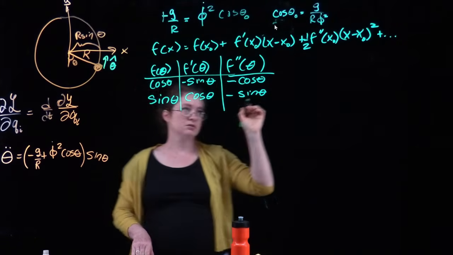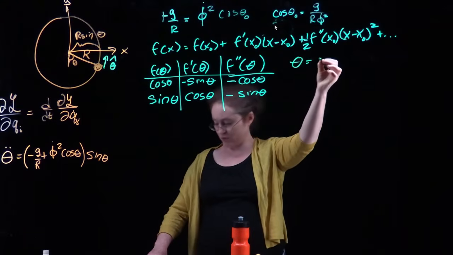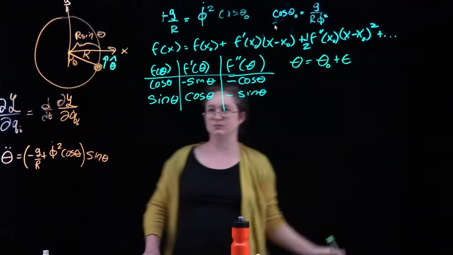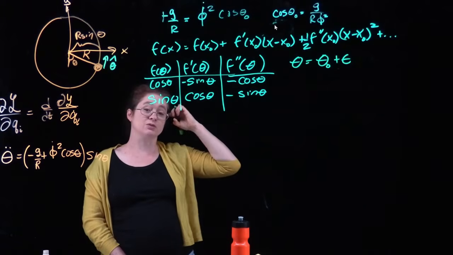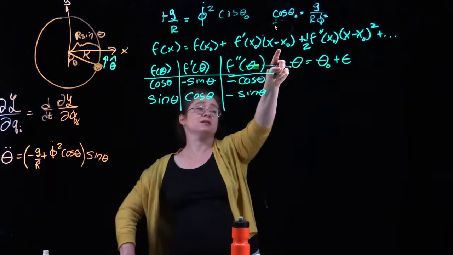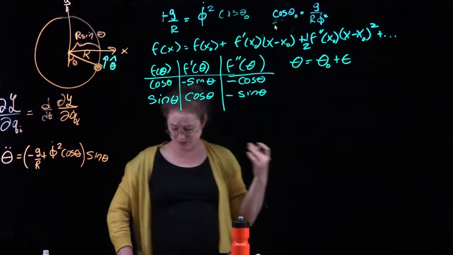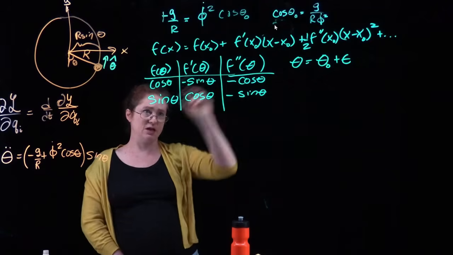We're going to write theta equals theta naught plus epsilon. So we're going to be expanding in terms of the difference between theta and theta naught, which is epsilon.